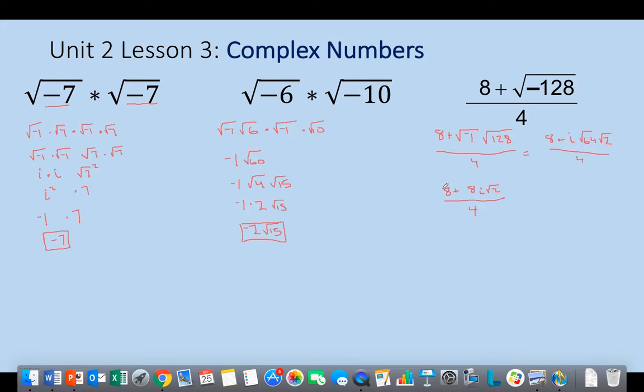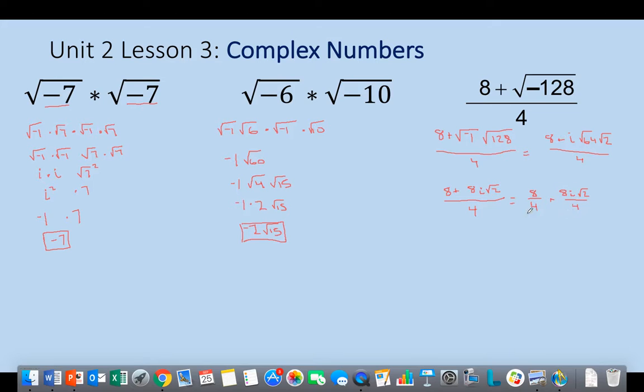And remember, I can't just divide this one by 4. I've got to divide both of these terms by 4. So it's kind of like saying I'd have 8 divided by 4 plus 8i radical 2 divided by 4. And remember what I said earlier, that you can kind of treat this like it was any regular variable.